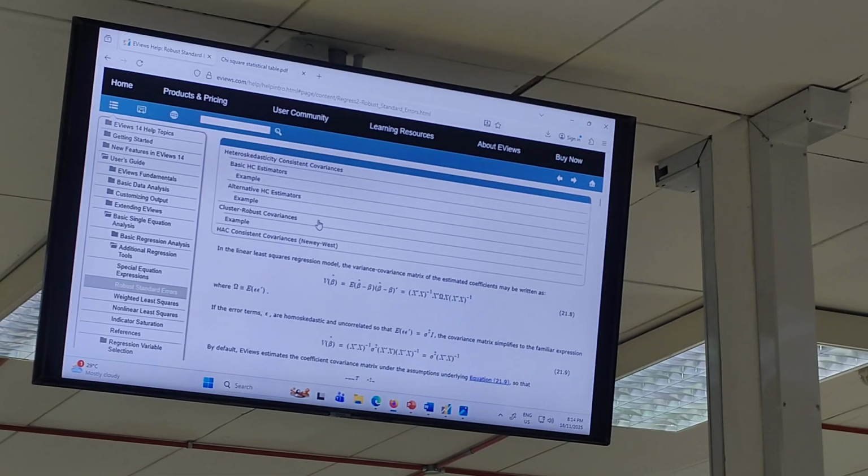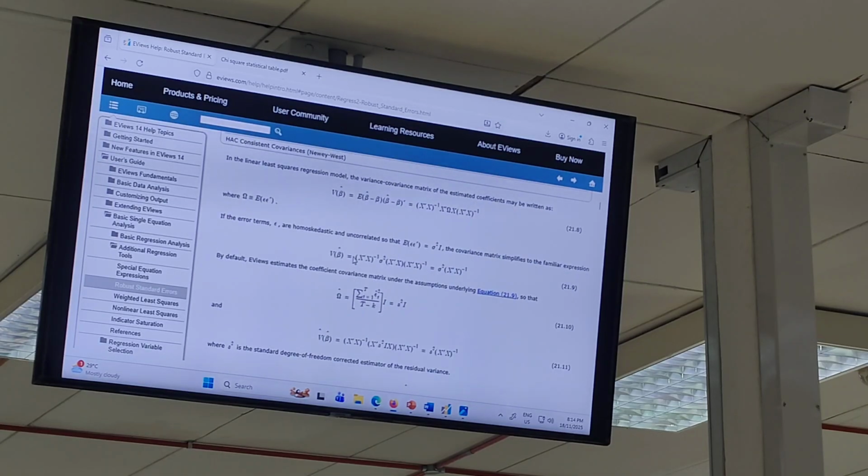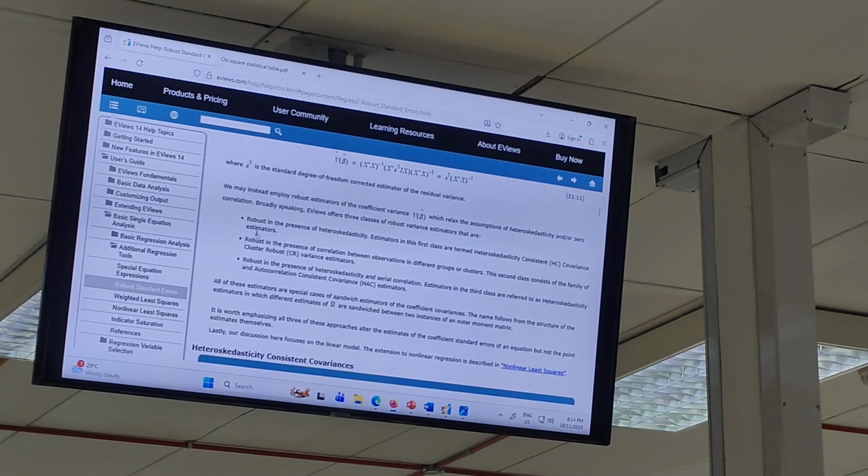So basically, we have a number of ways of estimating the error variance or standard error that help to reduce the effect of heteroscedasticity. For the case where we have heteroscedasticity, we can use this: the heteroscedasticity-consistent covariance estimate, or White's. I will explain why later on.